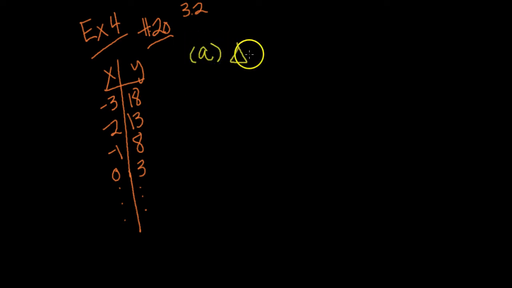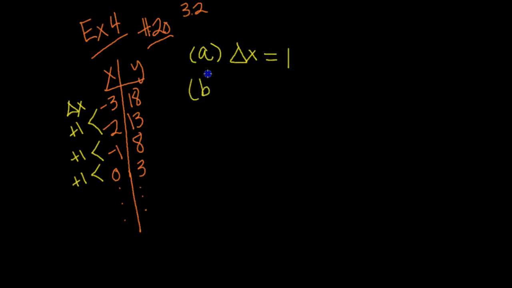So when I'm checking for the first one, the change in x for each of those points, from negative 3 to negative 2, what do I add? 1, okay? And from the next 2, I add 1 again, and I'm adding 1. It's important that you notice if you're going up or down for these when you're calculating the slope in a table. And we did this in 3.1 as well.